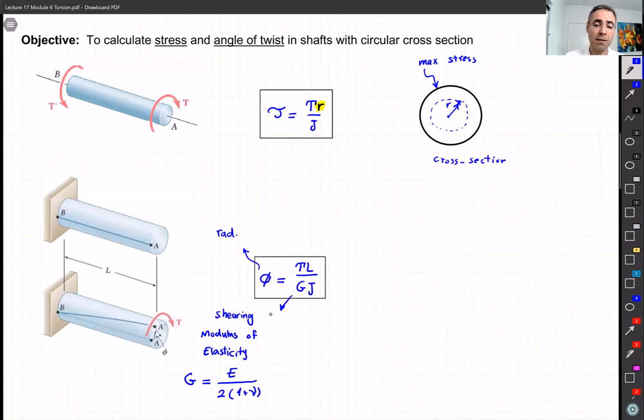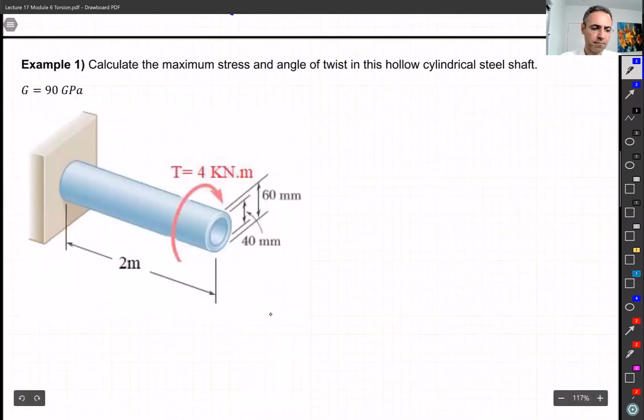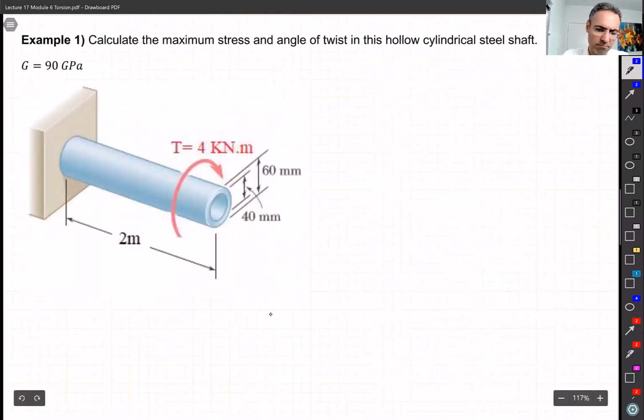But if we want to know the maximum stress, then we put the radius on the outside, basically outside of the shaft. All right, read this example first and try to understand it, and then we solve it together.